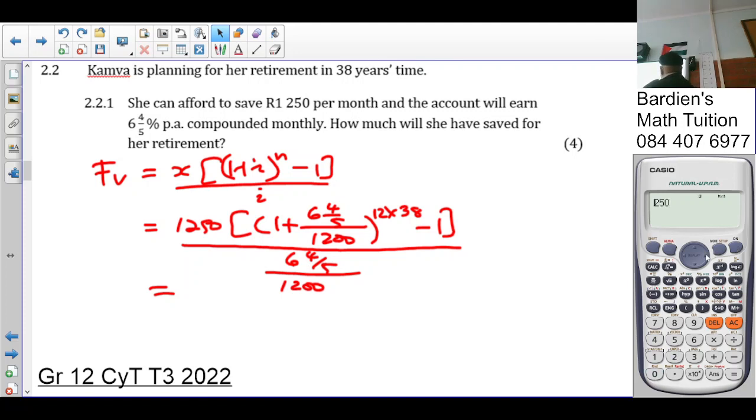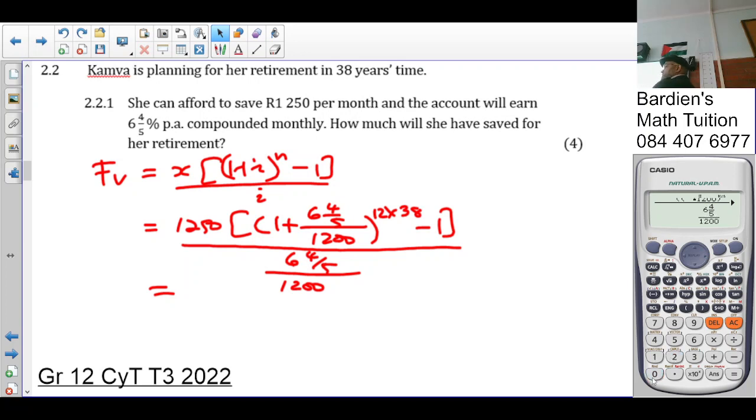1,250 into 1 plus that answer. Or we just use it as it is. Whoops. 6 and 4/5 over 1,200, the exponent 12 times 38, minus 1, all over the fraction, which is the numerator is the mixed fraction of 6 and 4/5, and that is over 1,200.